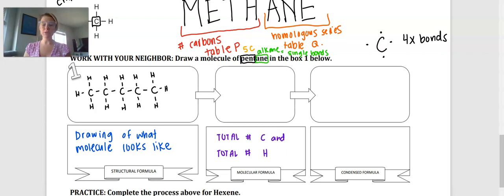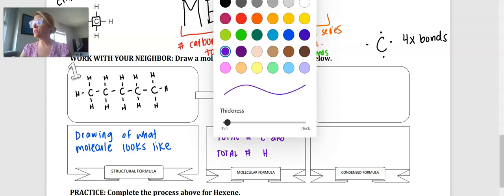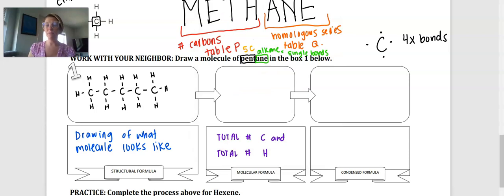We can go through and actually count from our structural formula the number of carbons and hydrogens, or you can use the generic formula provided in reference table Q. Because this is an alkane, we're going to use CnH2n+2. So we have C5H, double that is 10, plus 2 is 12, C5H12. And just to confirm that that is in fact true, you can count it against your structural formula.